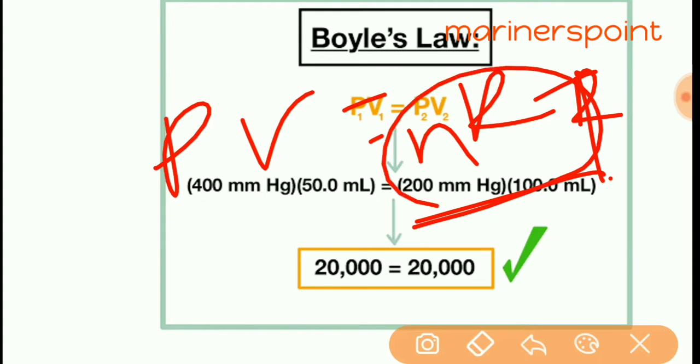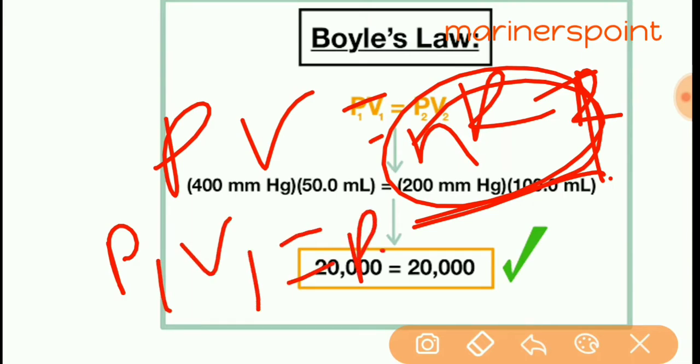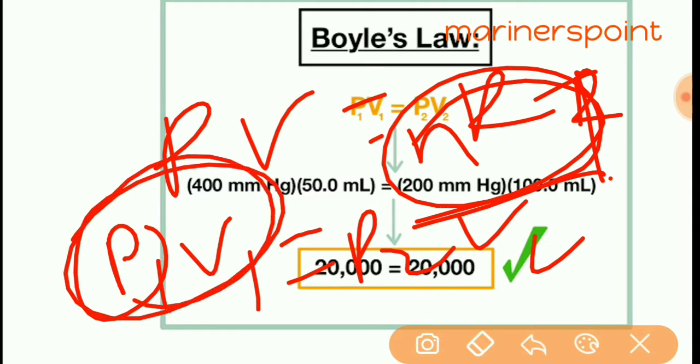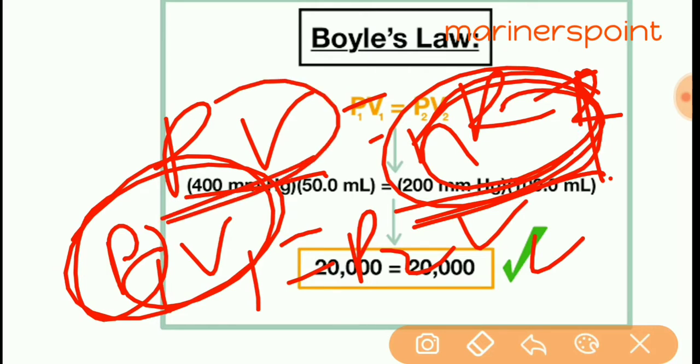When all these three are constant, then we get the relation for gas P1 V1 equal to P2 V2, because the product is always constant. Since PV is equal to nRT and all these things are constant, we get a fixed value. So the product is always fixed, P1 V1 equal to P2 V2.